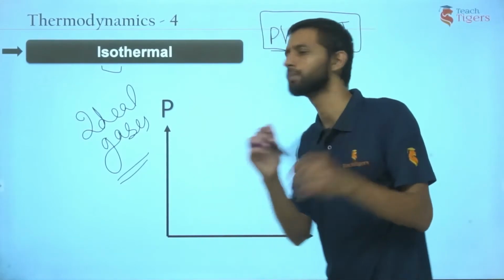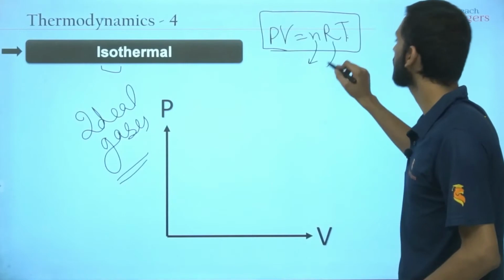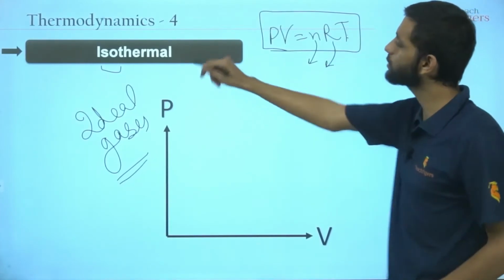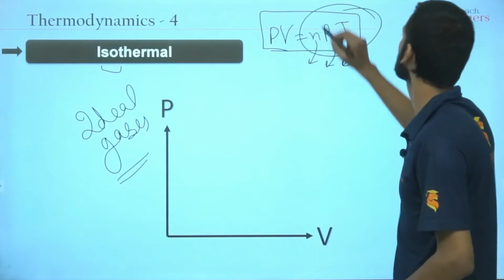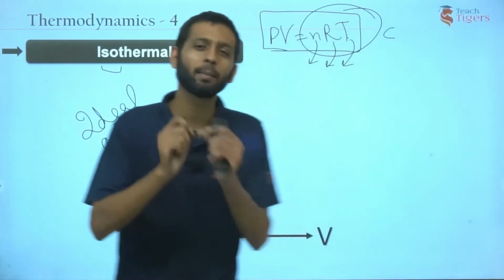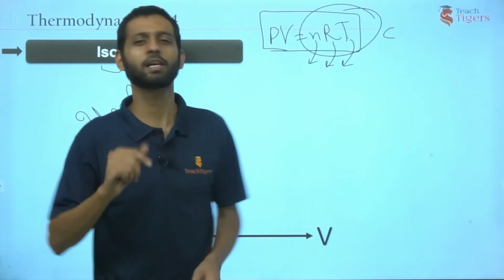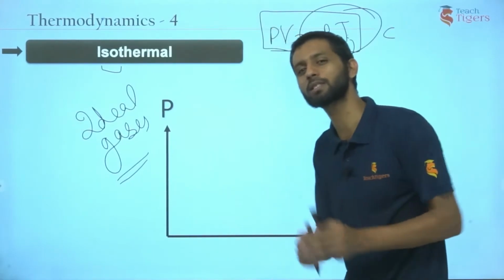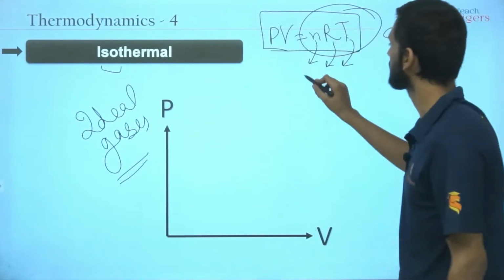For a closed system, the number of particles does not change, R does not change, and in an isothermal process, temperature does not change. So this whole side is a constant. As a result, my equation becomes PV equals constant. For an isothermal process of an ideal gas, PV becomes constant.